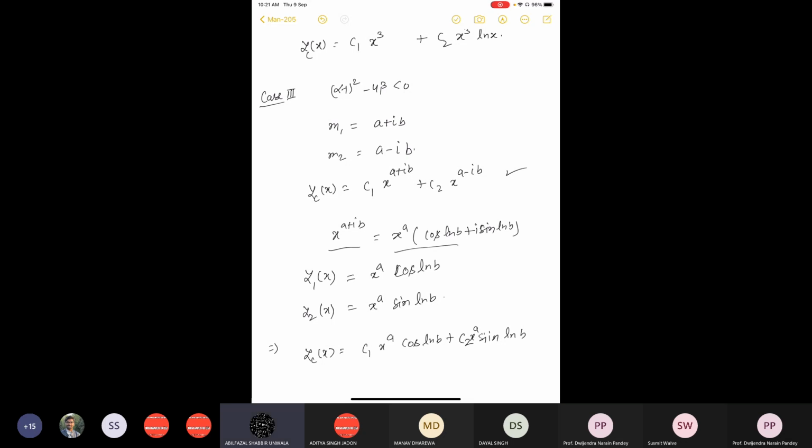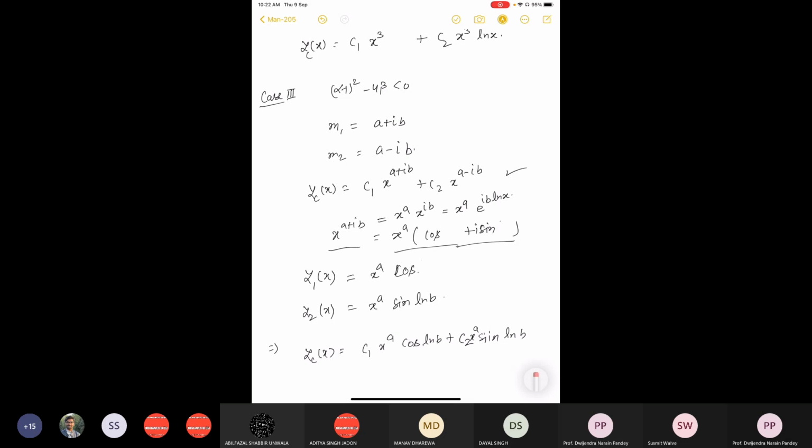Yeah. So here there is a problem in writing this part. So this I'm writing as x to the power a, and x to the power ib I'm writing as x to the power a e to the power ib ln x. So there is a doubt and a problem here. So it is b ln x, not ln b.